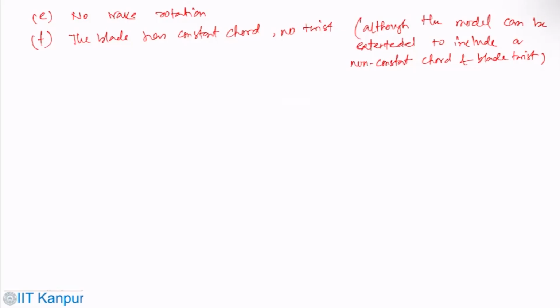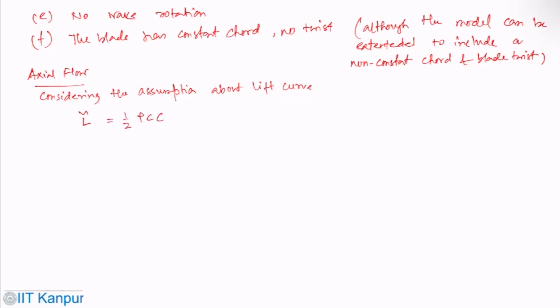So what we have now, axial flow. Considering the assumption about lift curve, which says that the lift curve is linear, then we can write L bar as half rho C CL, UR square, half rho C CL alpha UR square into alpha.